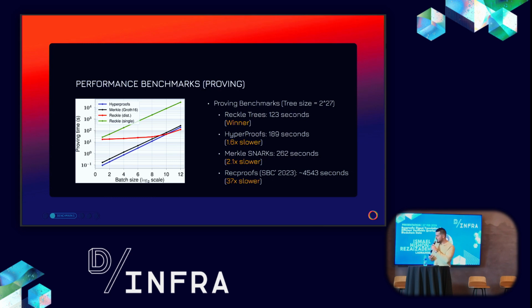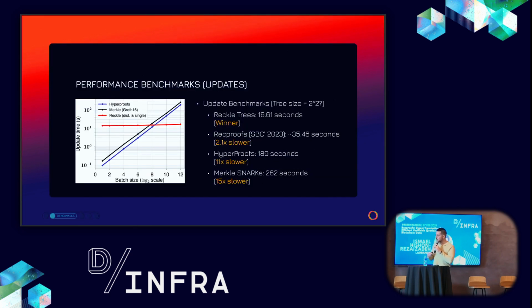For proving, compared to the original Recproofs paper that we presented at SBC, we were 37 times faster with the most recent Reckle tree construction. Compared to both the naive approaches, Hyperproofs and Merkle SNARKs, Hyperproofs being a vector commitment scheme designed by some members of our team previously, and Merkle SNARKs being just batch proofs over Merkle trees, we were 1.6 and 2.1x faster, respectively.